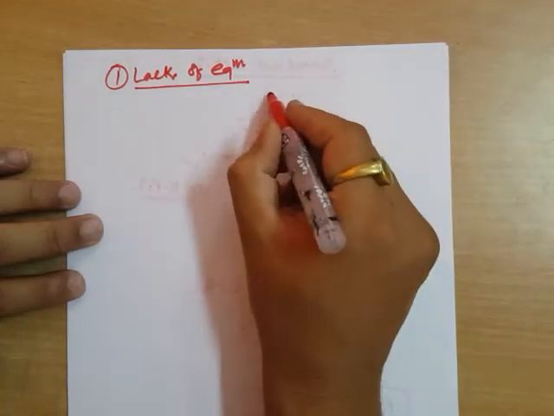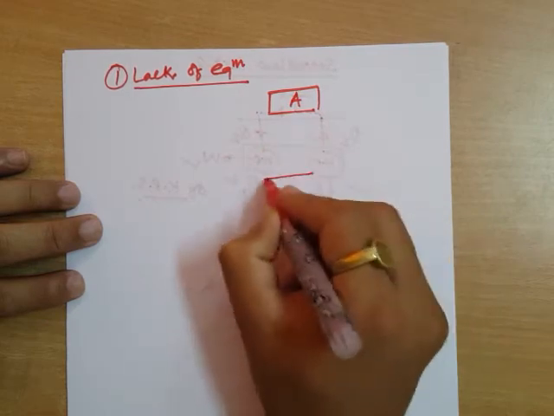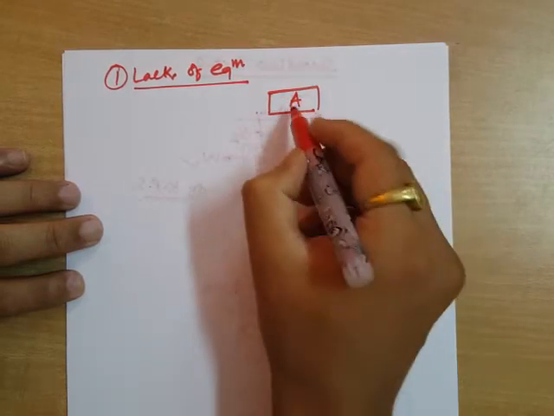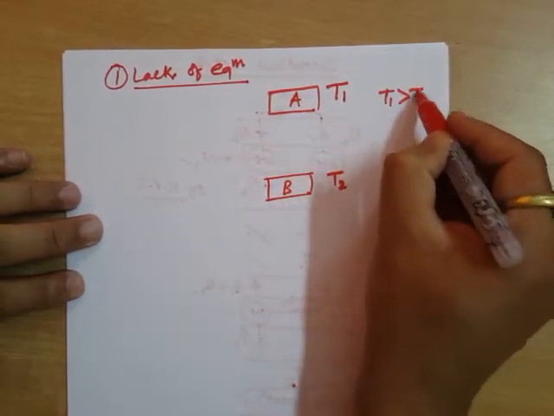So let us consider we have a thermal energy reservoir A and a thermal energy reservoir B. A is at a higher temperature than B, that is, T1 is more than T2. What will happen?